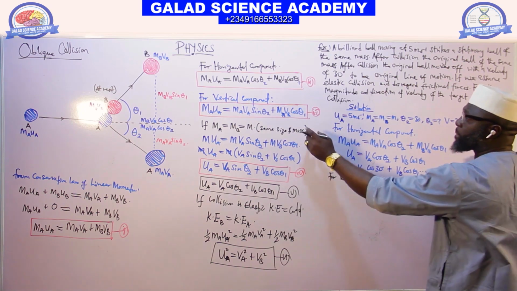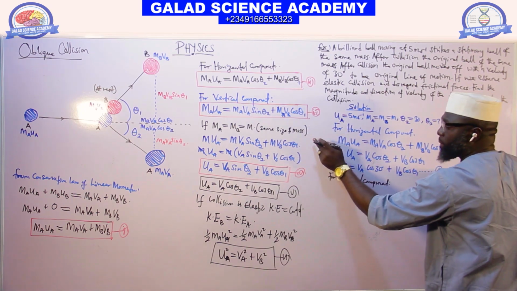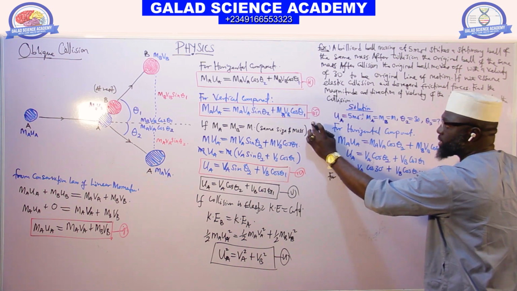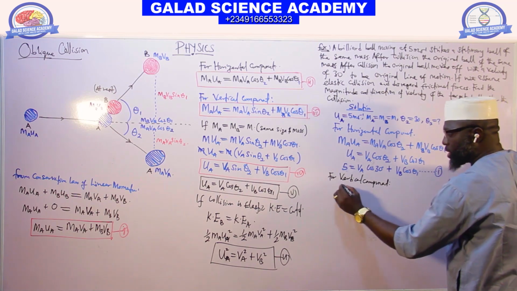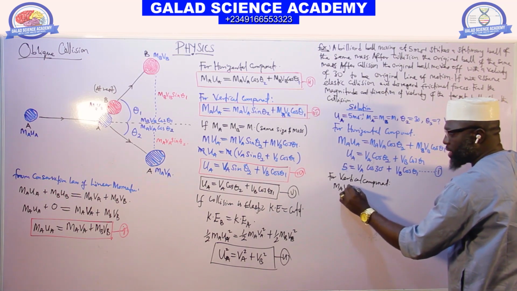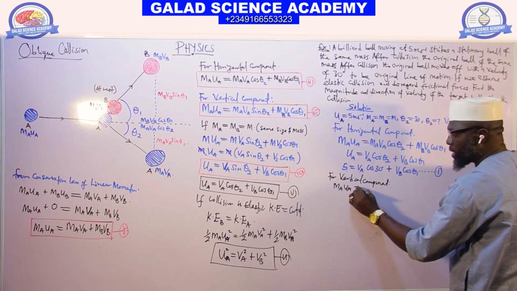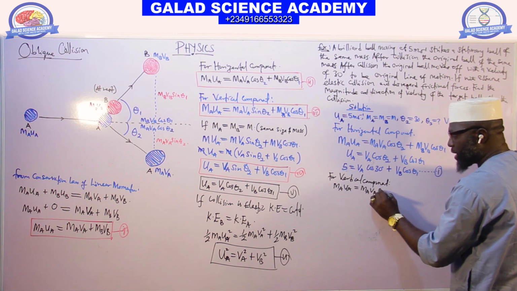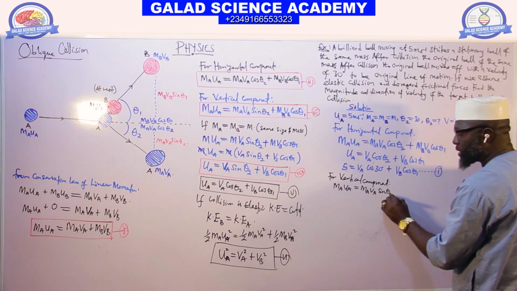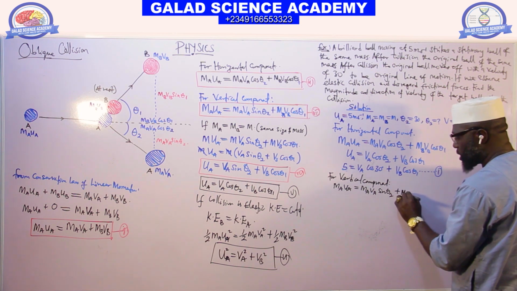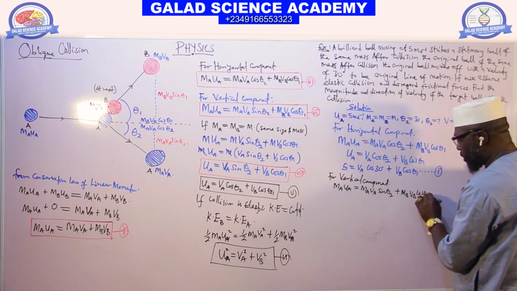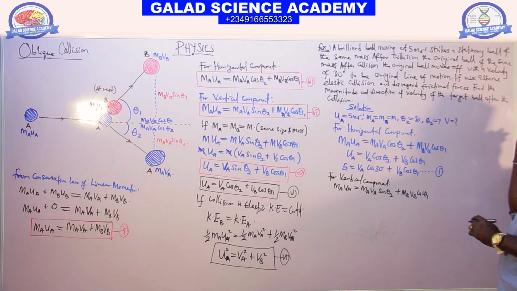What do we have for the vertical component? We have MA UA equal to MA VA sin theta 2 plus MB VB cos theta 1.